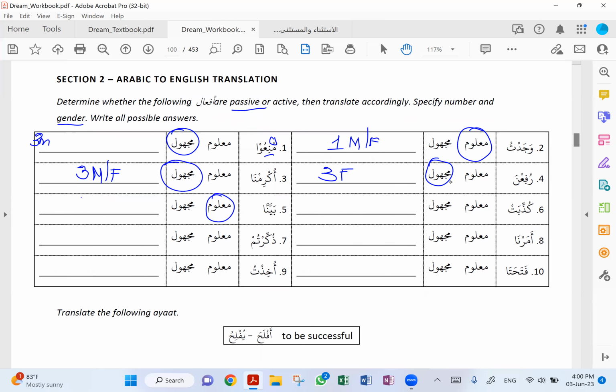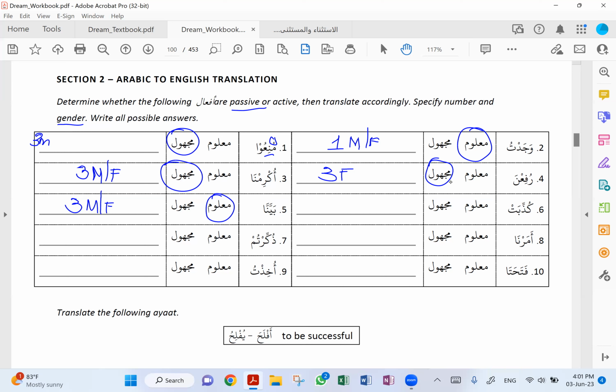So this is singular and masculine. No, it's plural. It's nahnu, plural. Oh, there's a shadda, I didn't see that. Sorry. It's بيّنا. So it's first person plural, feminine or masculine, because نحن could be either.